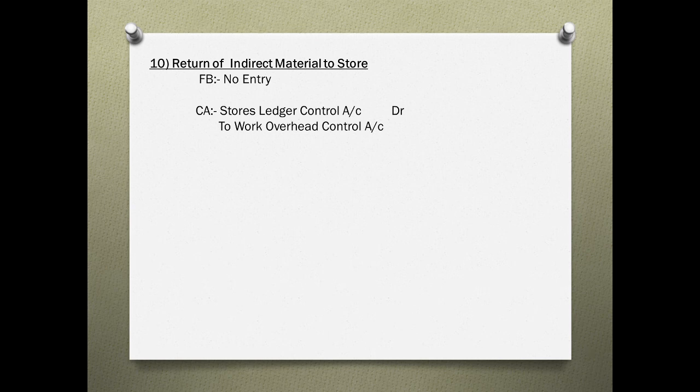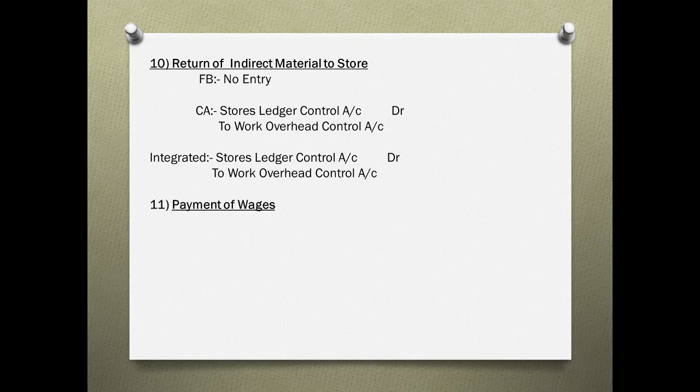Production overhead control account, work overhead control account, factory overhead control account, all are one and the same. So the integrated combination entry of these two: financial book no entry, so under cost accounting it would be the same, stores ledger control account to work overhead control account. Next transaction, payment of wages.